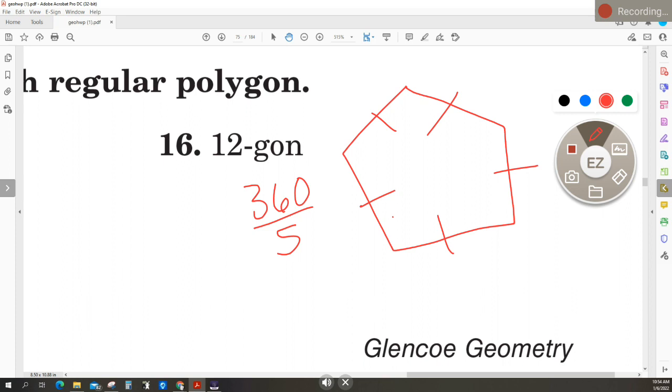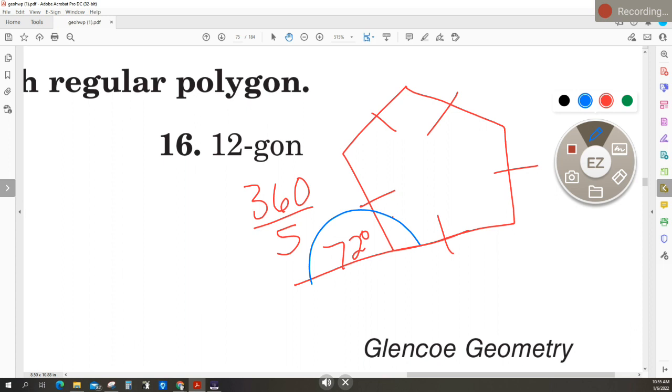It's going to be 60-something. 72. I was totally wrong. Okay, so it's 72. So that means this exterior angle is 72 degrees. Right? What do these two angles have to add up to? 180.